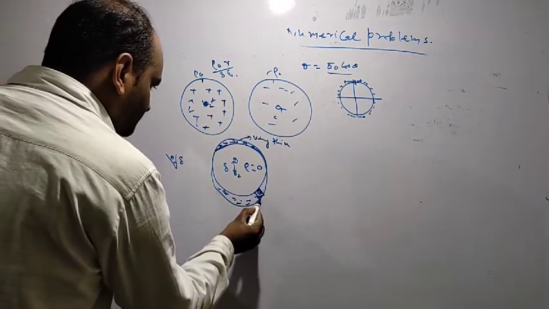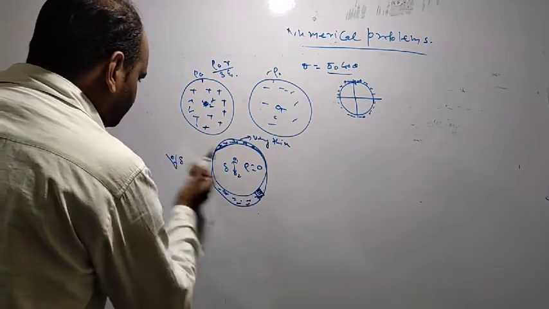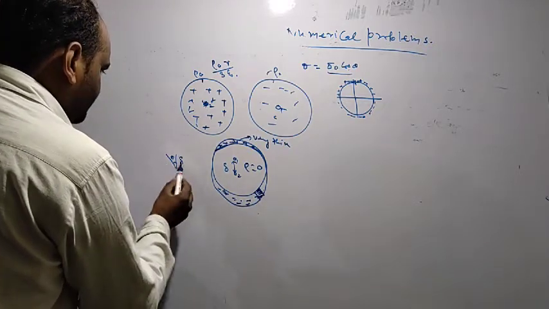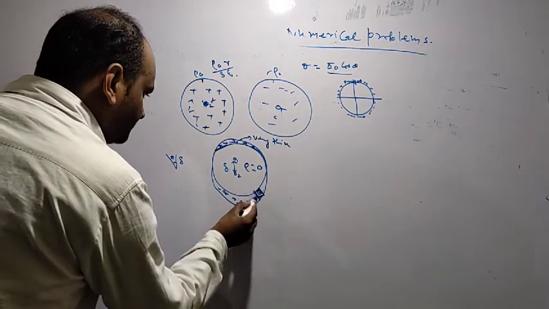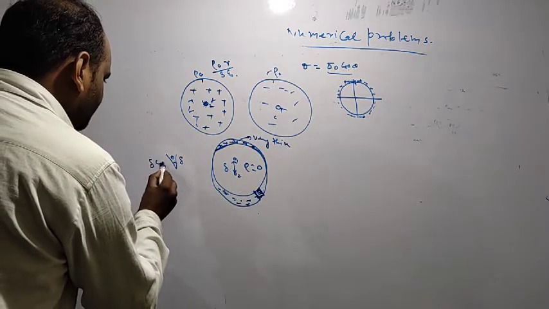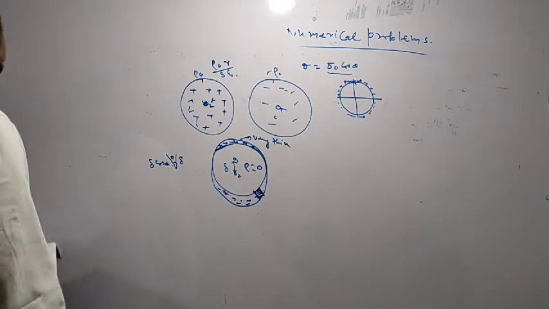This angle is like this. I have just shown a clear picture so that you can understand, and this length will be delta cos theta. Of course, it's very easy to understand.